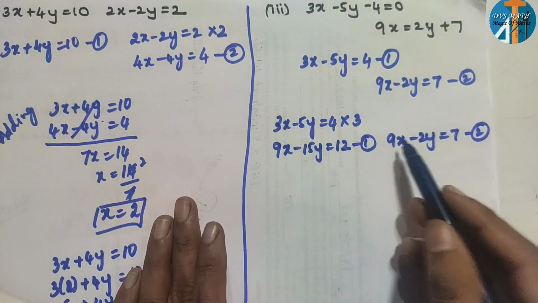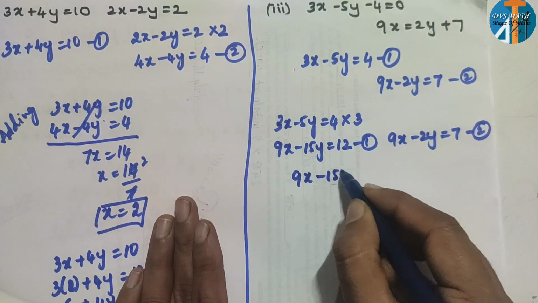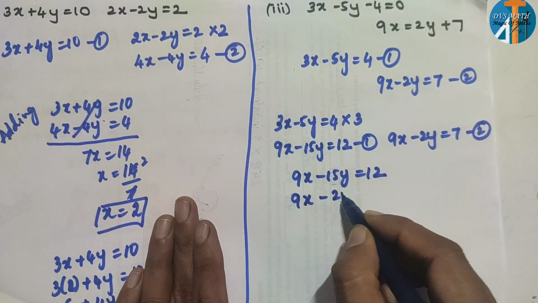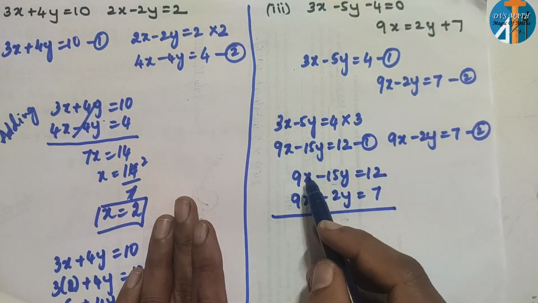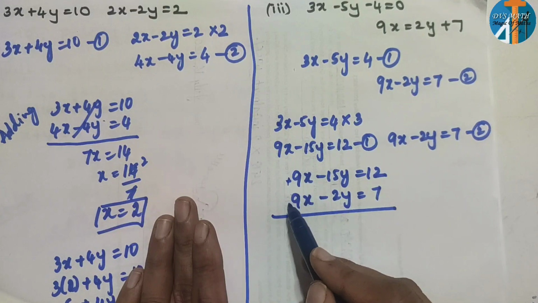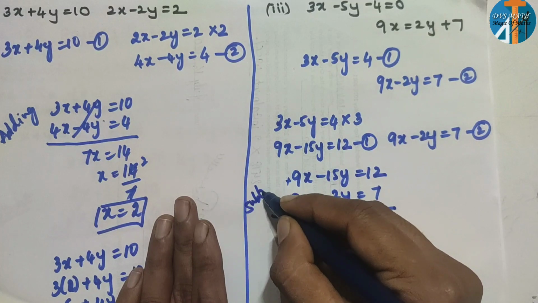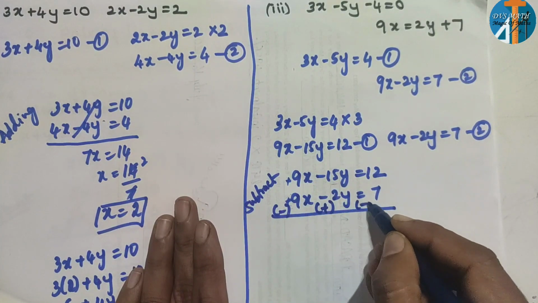Now the 9x terms are similar, so let us write one below the other. 9x minus 15y is equal to 12, and 9x minus 2y is equal to 7. Now we have to cancel, but both have plus 9x, so what do we have to do? Subtract. So we change the signs: minus, plus, minus.